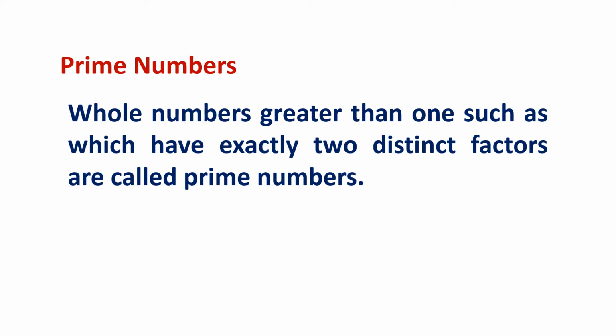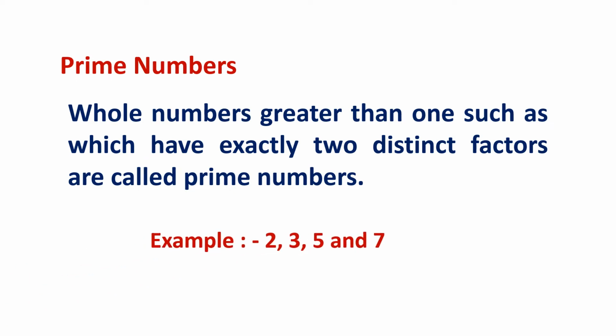So what else? We'll take number 1. 1 has only 1 factor. Therefore, I can't put it under prime numbers. For prime numbers, I should have 2 factors. What about 2? Yes, 2 has 2 factors, 1 and 2. So 2 is also a prime number.